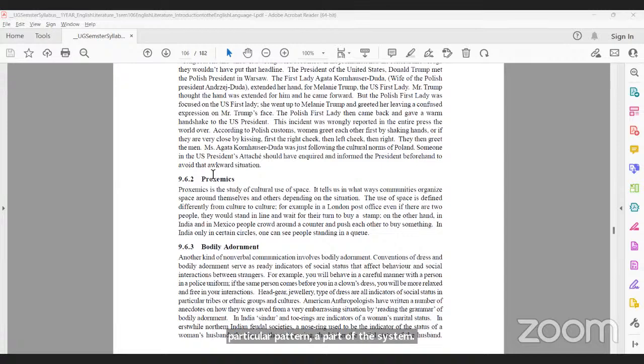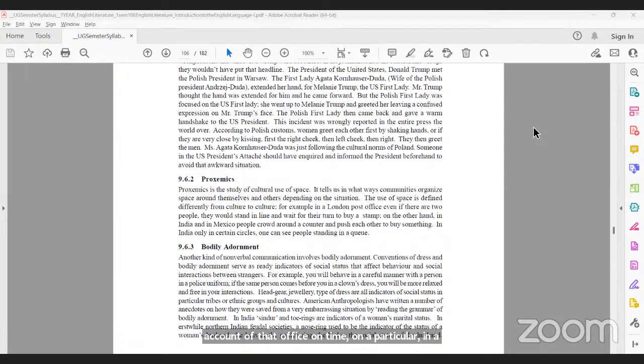But if it happened in a developed country, like England or America, even if there are only one or two persons, he or she will stand in a queue in a particular space, so that when the time comes, they can collect that ticket or token from that counter or office on time, in a particular way.